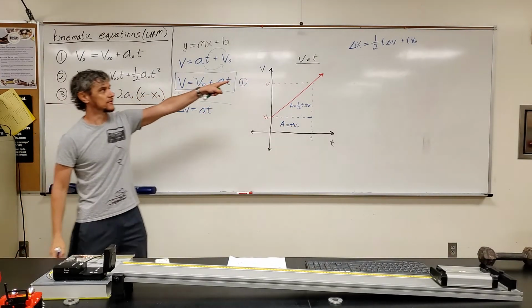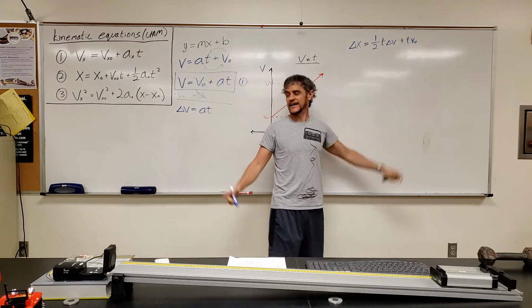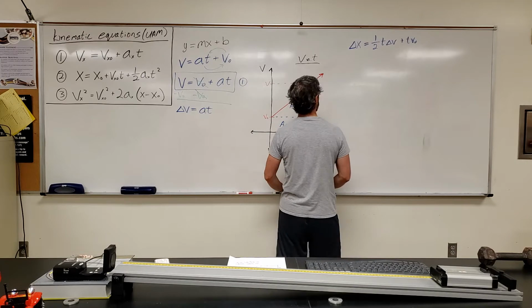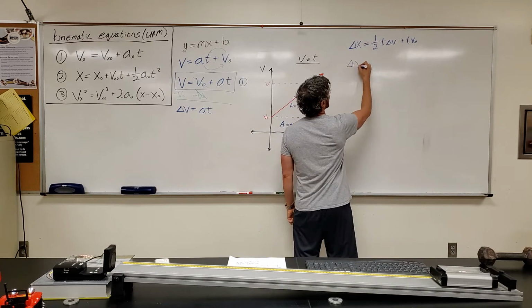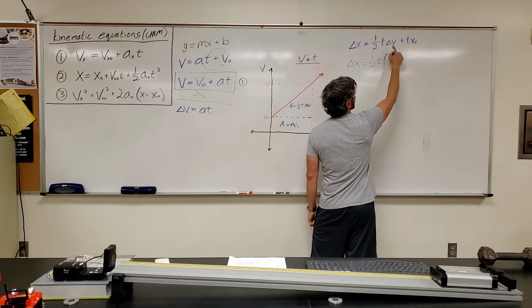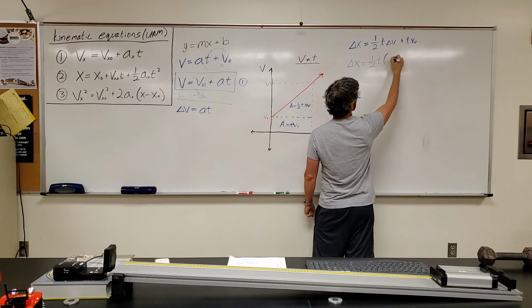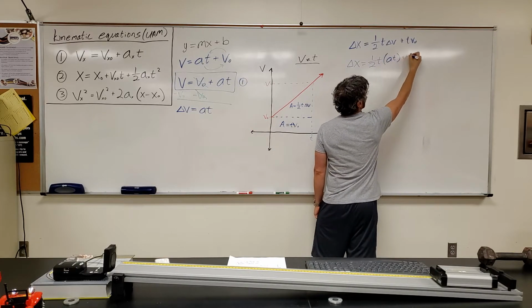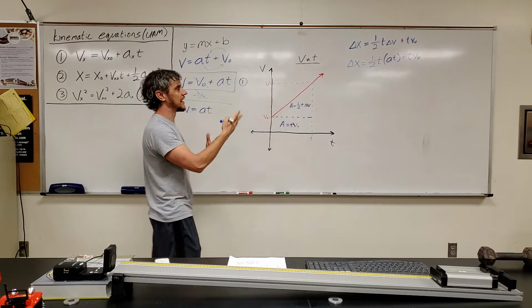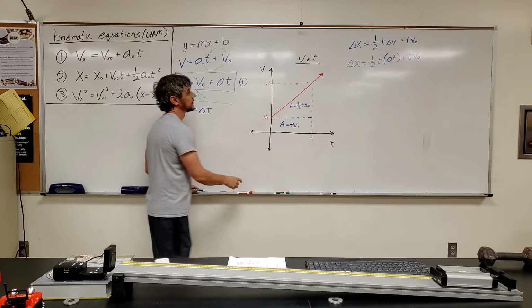And so when I see the delta v up here in my displacement equation, I can just substitute acceleration times time, in which case I get 1/2 times the time times delta v, which I now know is the acceleration times time, plus the time times the initial velocity. And then I can just simplify this a little bit.